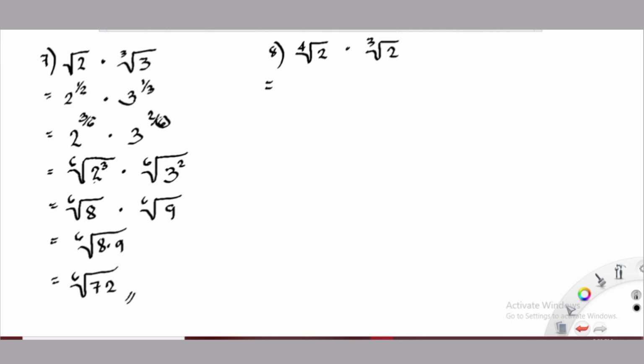So, the radicand, which is 2, raised to, the exponent is 1, so that will be the numerator, and then the index is the denominator. So, 2 raised to 1/4 times 2, the radicand here, raised to, the numerator is 1 again, over the index, which is 3. So, we have 1/4 and 1/3.